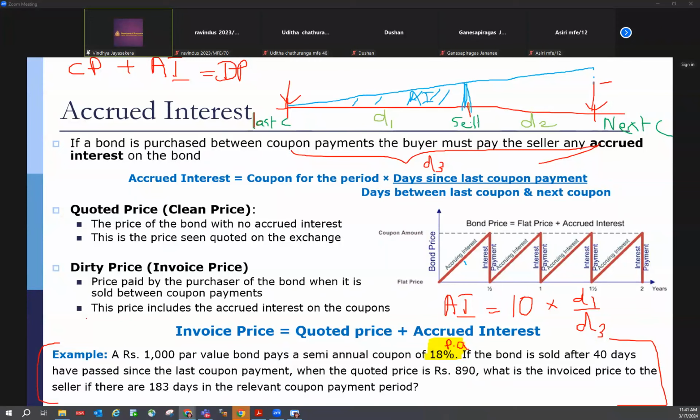Here, these are not given, so it's not relevant for you, but you will need these as we go along next week. So the first thing you do is figure out what the coupon is.